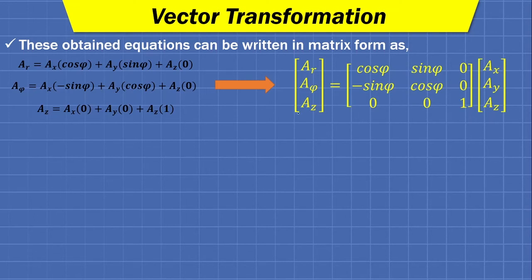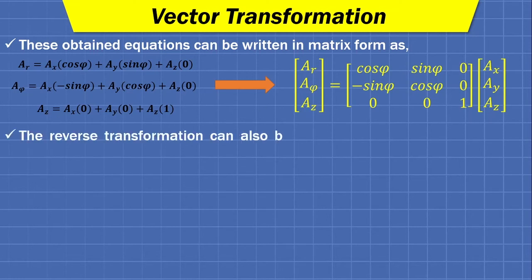We can directly use this matrix form whenever we are asked to transform a vector from the Cartesian coordinate system to the cylindrical coordinate system. Here the values of AX, AY and AZ will be known. We just need to find the angle phi, calculate this 3 cross 3 matrix, and we can directly write AR, A phi and AZ.